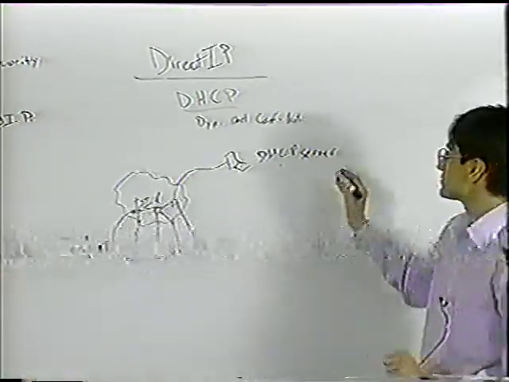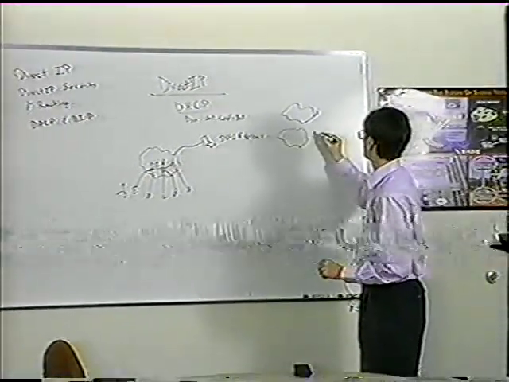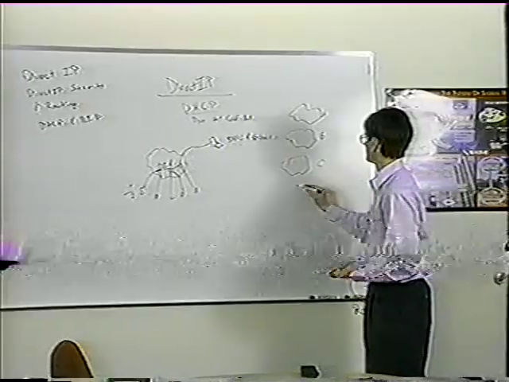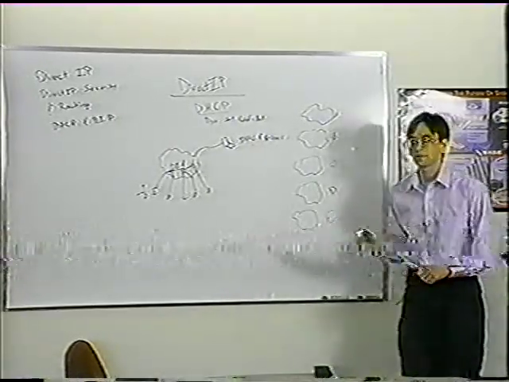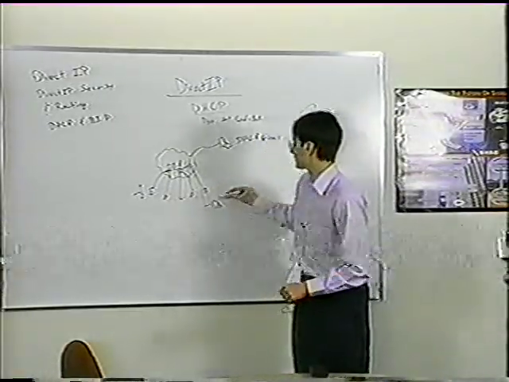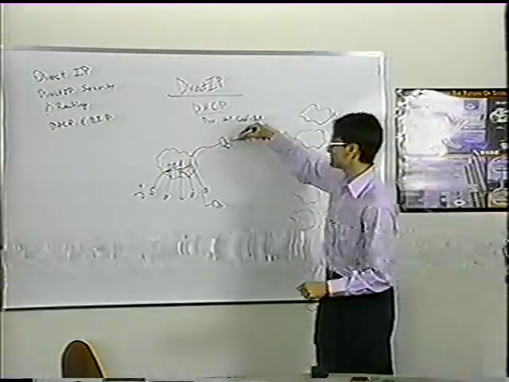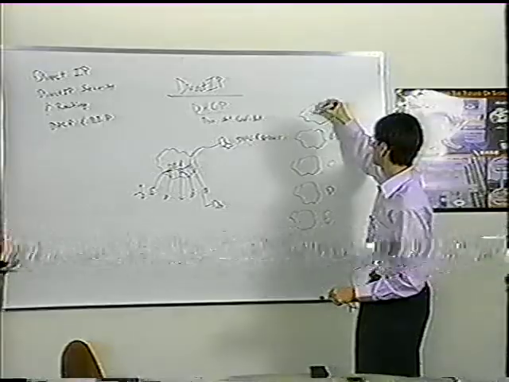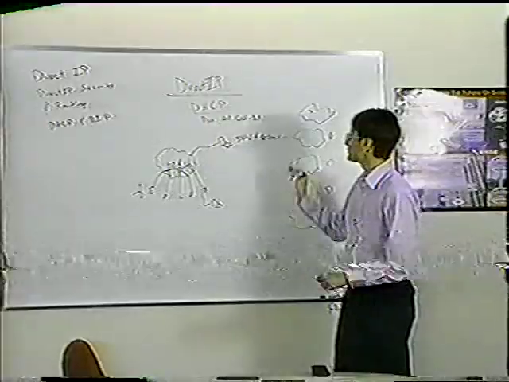So I can have on my DHCP server a pool for A, a pool for B, a pool for C, a pool for D, and a pool for E. So if I have a host over here that sends a DHCP request, the request will be forwarded to the DHCP server. An address will be allocated out of pool A, the correct pool, obviously, and sent back to the host.